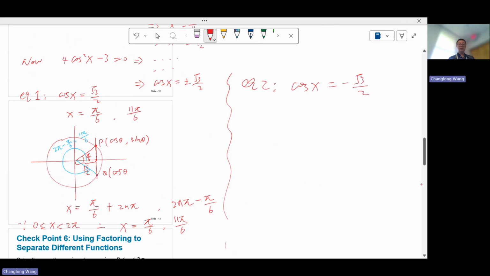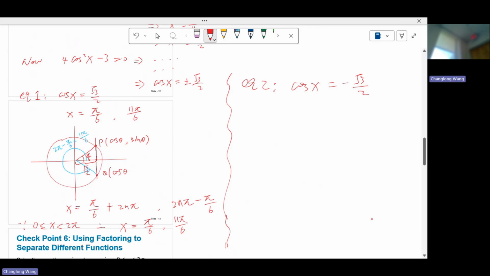Go ahead. I wish you would tell me at the end, there are still 2 angles. And if you're asking me, will that chart I'm providing you in a test include cosine of something equal to negative radical 3 over 2?